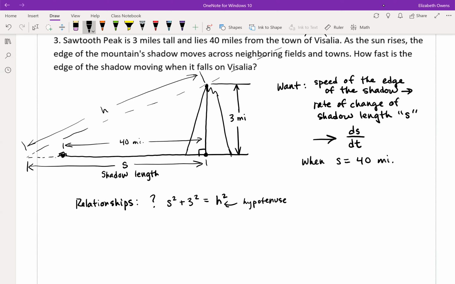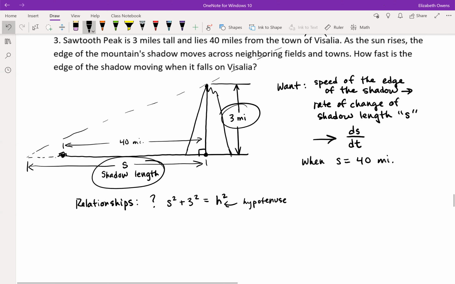But to maybe avoid introducing another variable here, we could work with what we have right now more. And notice that we have s and 3, just those two sides of the triangle. There is a relationship that we could use for one side over another, a type of ratio. We could use our trig functions on this because this is a right triangle.